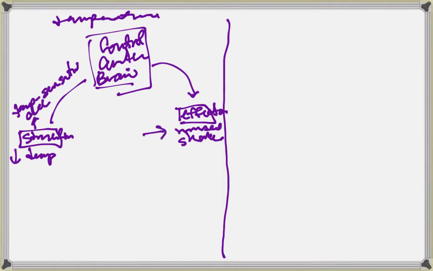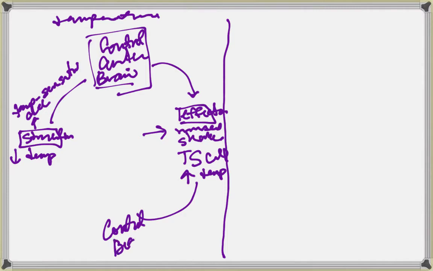Now, once you get warm enough, those same temperature sensing cells will sense that the temperature has now gotten higher, right? That's the next stimulus. And so it will talk to the control center and say, hey, we are hot, right? And so if you get hot at this point, it's going to talk to basically things like your sweat glands to release water, right?